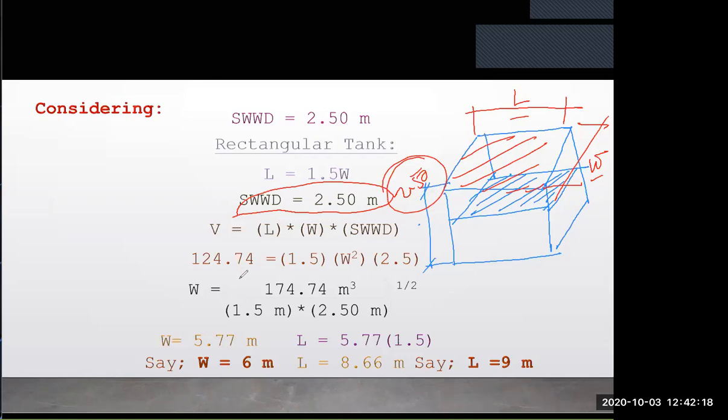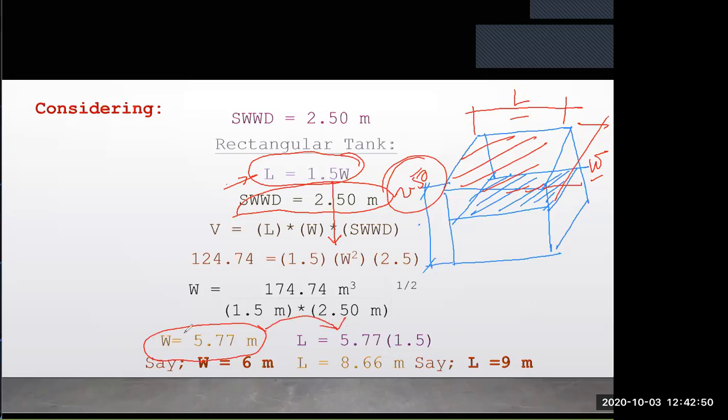So we can assume that your length is 1.5 of the width. So oops, we have 10 minutes. You just substitute, you just assume that your length is equal to 1.5 the width. So substitute here, and then you get the value of your width. After getting the value of your width, you get the value of your length.